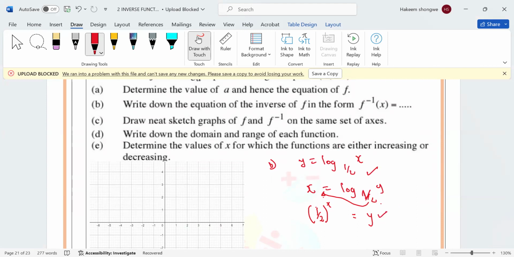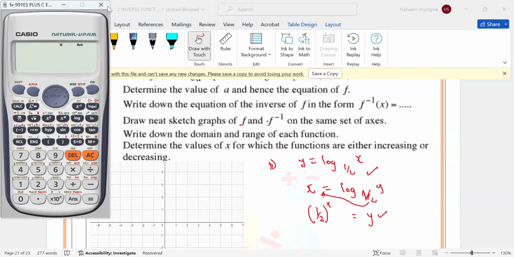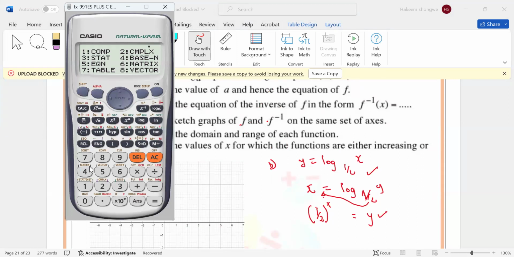Number C. Neatly draw the graph of f and the graph of the inverse. The one we're most comfortable with is the inverse, so let's start by drawing the inverse. I think we did draw an inverse. So we have mode 7 table, and we have open brackets 1 over 2 to the power of x.